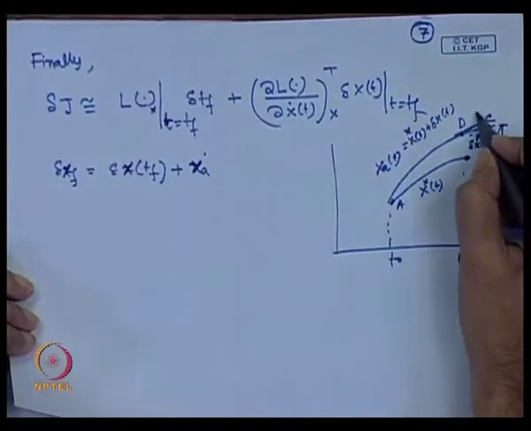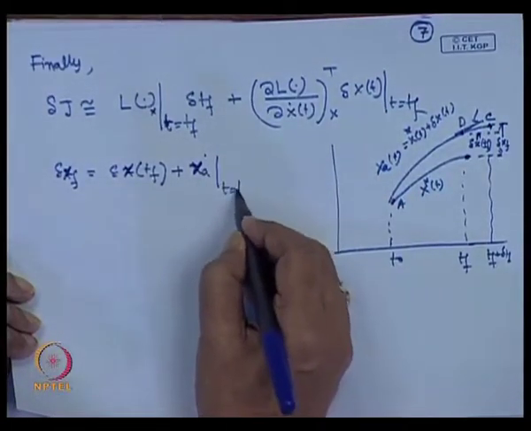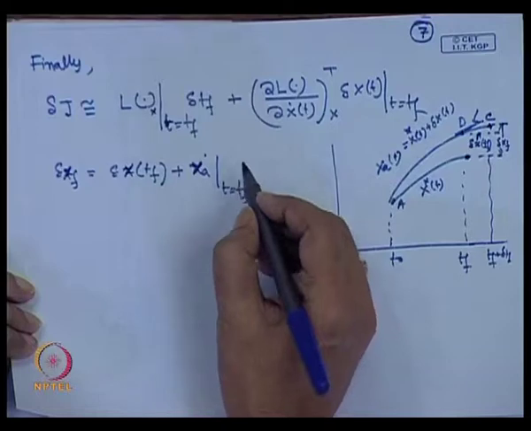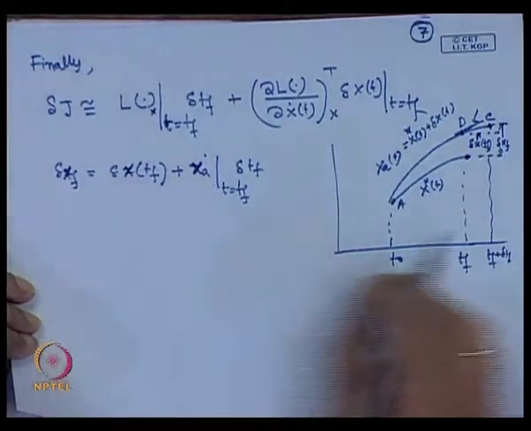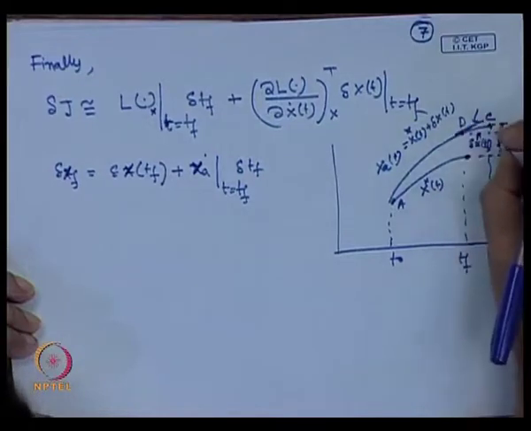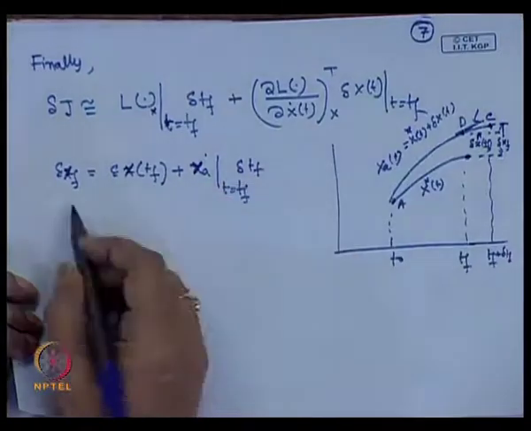So, this slope is x dot at t is equal to T f multiplied by delta T f. That means this height plus the tangent at this point multiplied by this height is equal to delta x f.